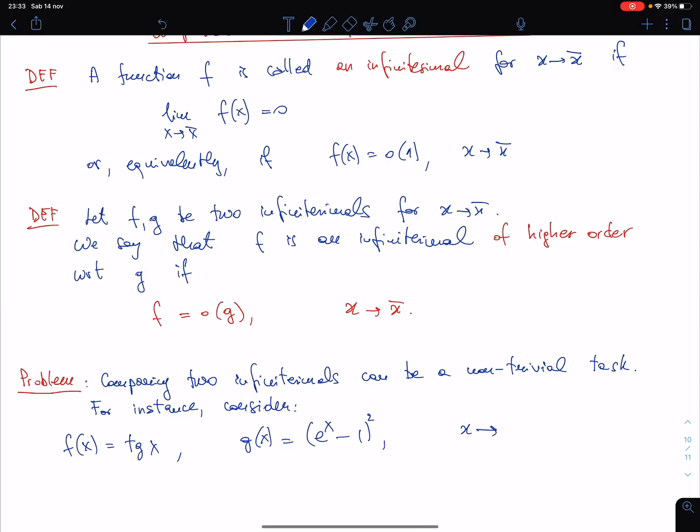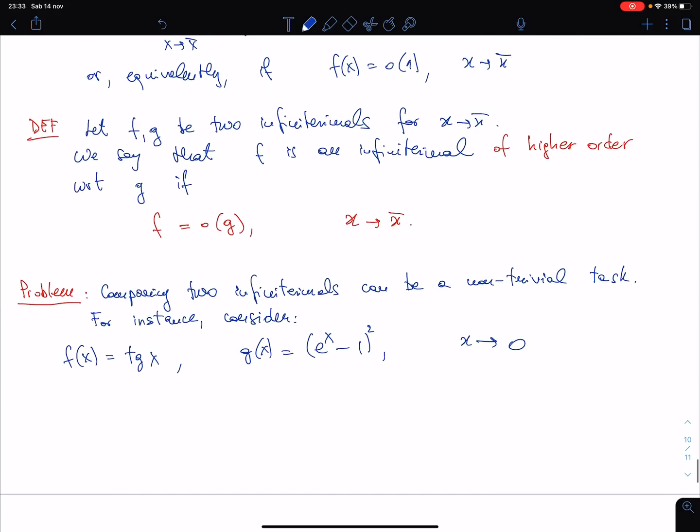So which infinitesimal is of higher order between f and g?